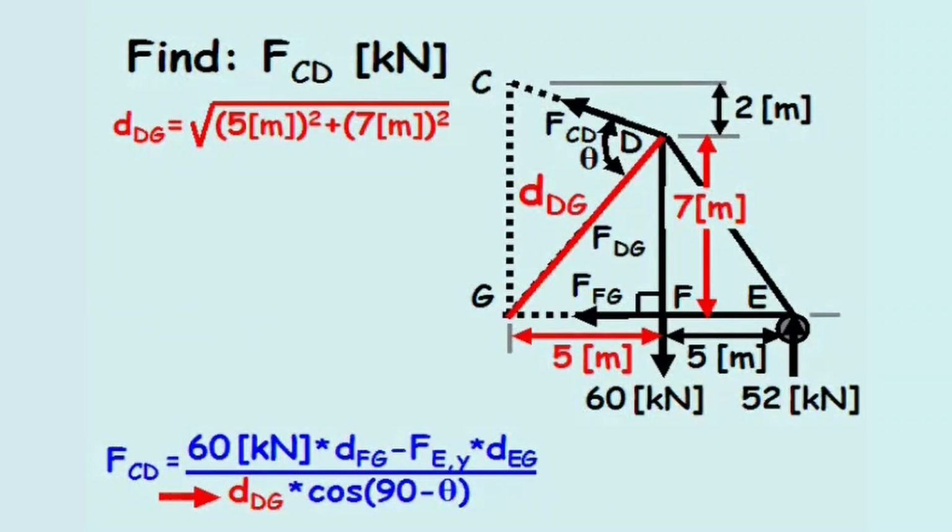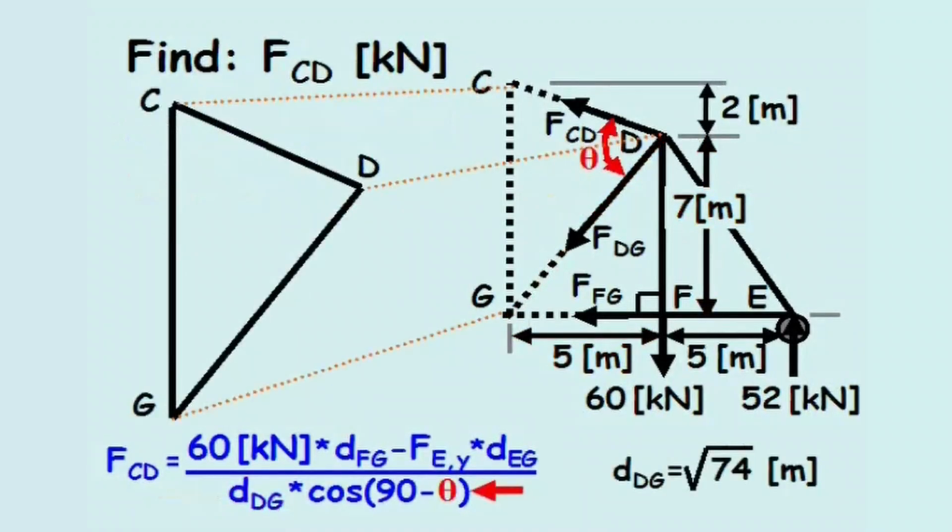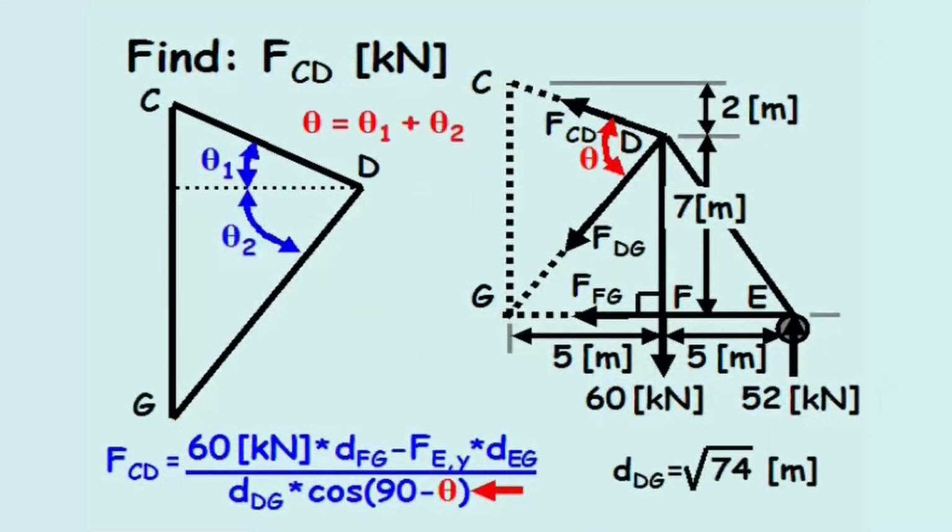The length of member DG is the same hypotenuse we previously calculated, the square root of 74 meters. To find the angle theta, we'll extract the triangle CDG from the truss and define angles theta 1 and theta 2, which makes theta equal to theta 1 plus theta 2.